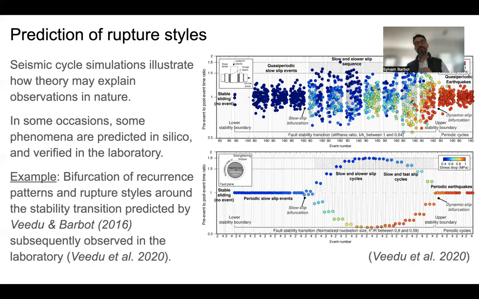Another use is to make predictions based on theory about the type of ruptures and sequences that can be observed. This example was provided by Dmitry Melevidou and collaborators, where the theory of frictional sliding predicted a complex transition between slow and fast earthquakes that involves a bifurcation, showing a succession of slow and fast earthquakes.